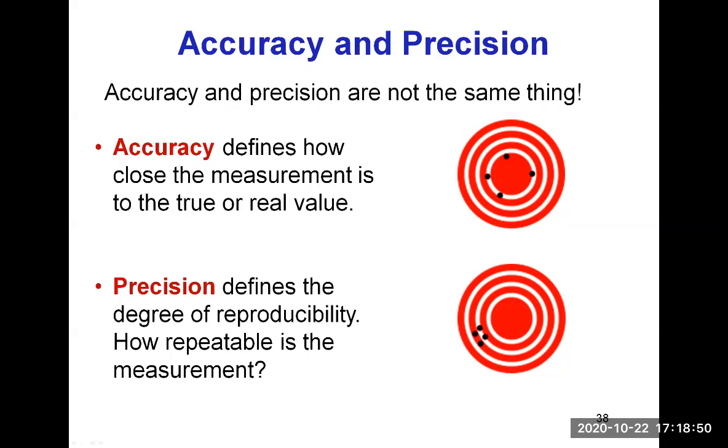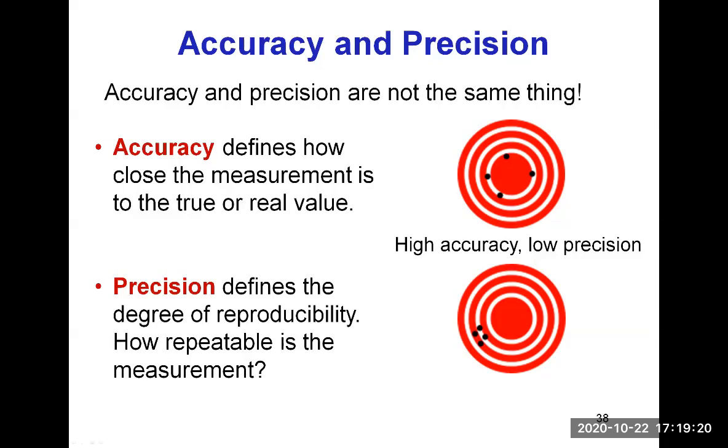However, accuracy is good because on average, you are very close to the center of the target. So at first it might be surprising, but accuracy is good if you take the average of your measurements. And then if the average is close to the target value, the true or real value, then you are accurate. But you are not very precise if you are having such shots spread out like that.